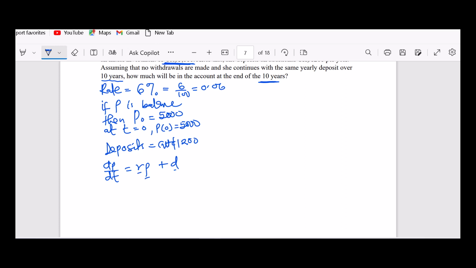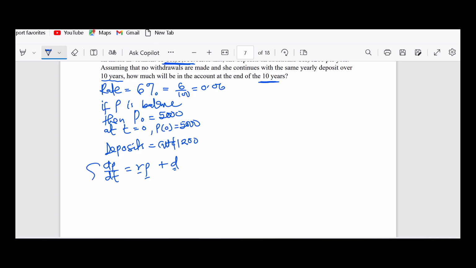The rate times the balance indicates the change, so if the rate changes, the balance changes. This part is for her money increasing, the interest, plus the deposit.